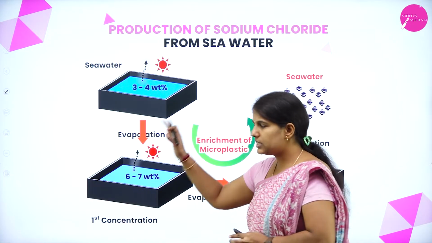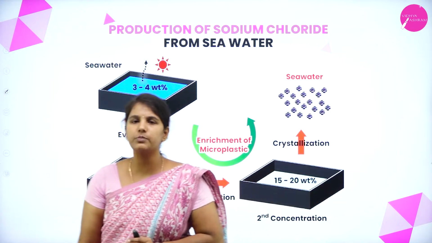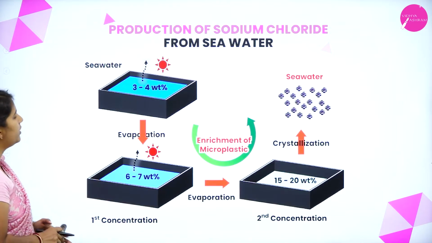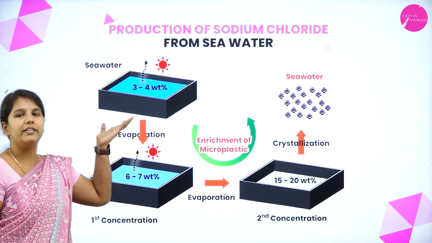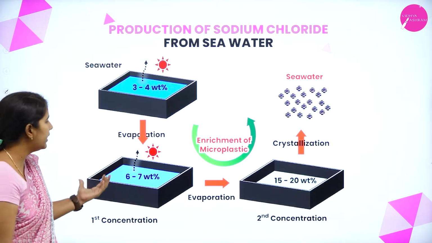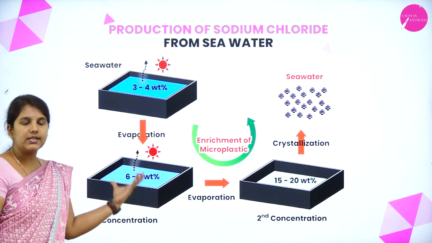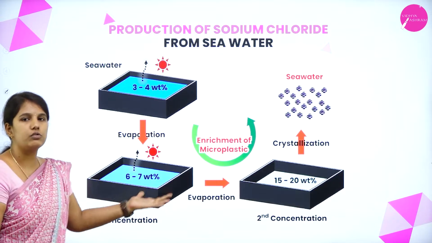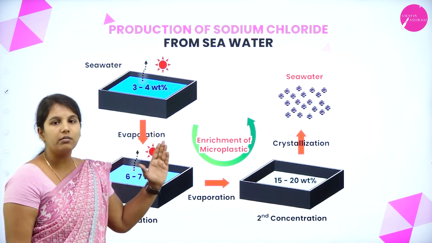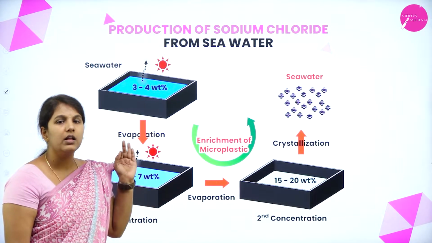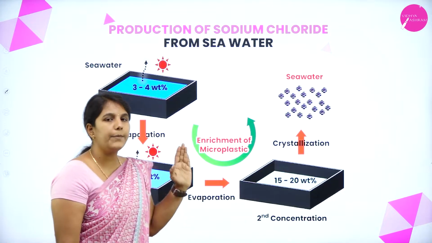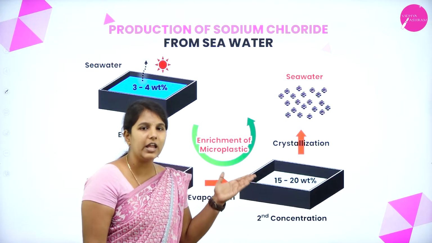Let's again recall the production process so we can easily remember it. First, they collect the seawater and do the evaporation. Once the evaporation is done in the presence of sunlight, you get the crystallized form, that is, crude sodium chloride is obtained. Later, this crude sodium chloride is dissolved in a minimum quantity of water to obtain the pure form and eliminate the impurities.